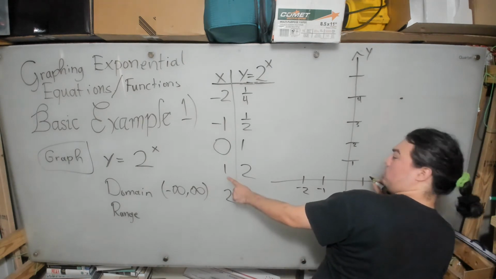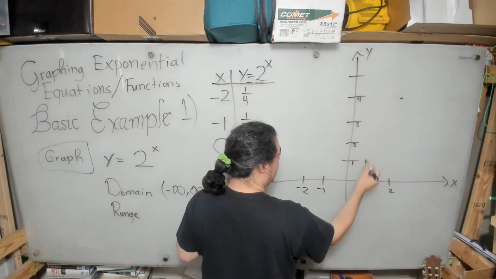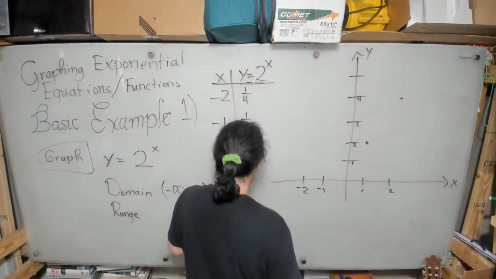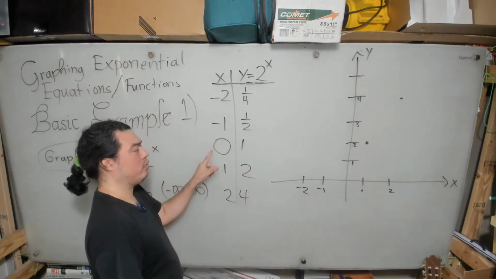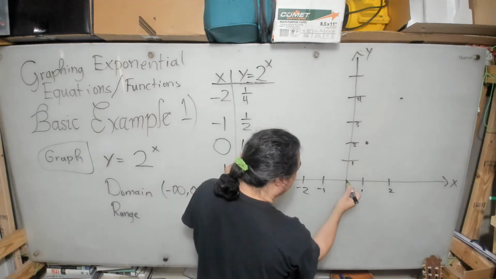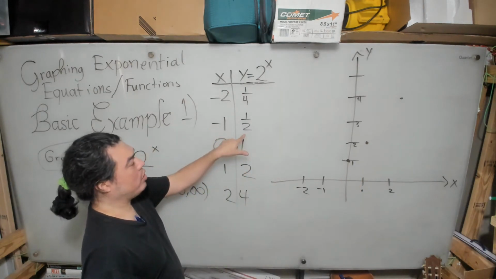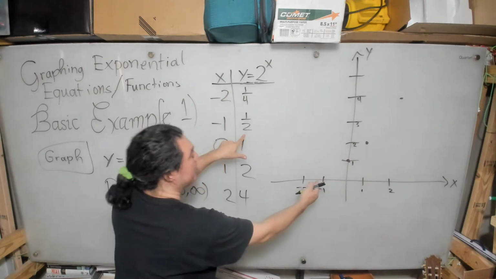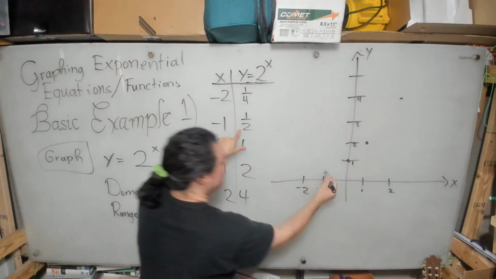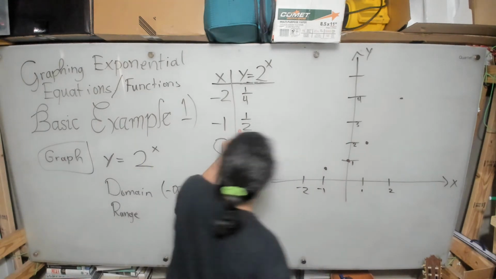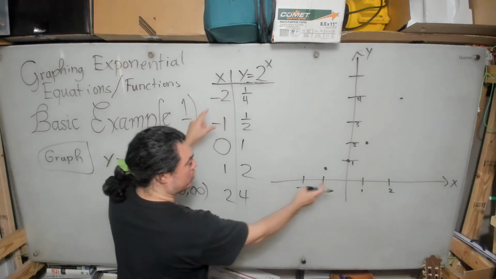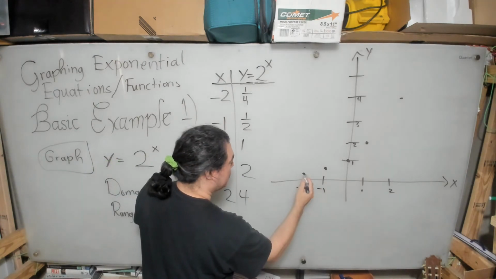Then 1, 2. At x equals 0, the y is 1, so right there. At x equals negative 1, the y value is 1/2, so it's going to be here. And at x equals negative 2, it's 1/4, so it'll be like this.